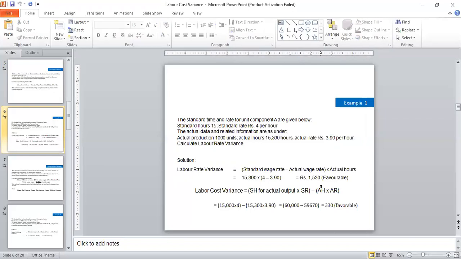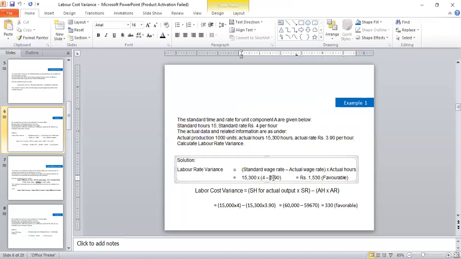Calculating this, we get rupees 1530 favorable variance, because the actual wage rate is less than the standard wage rate per hour.